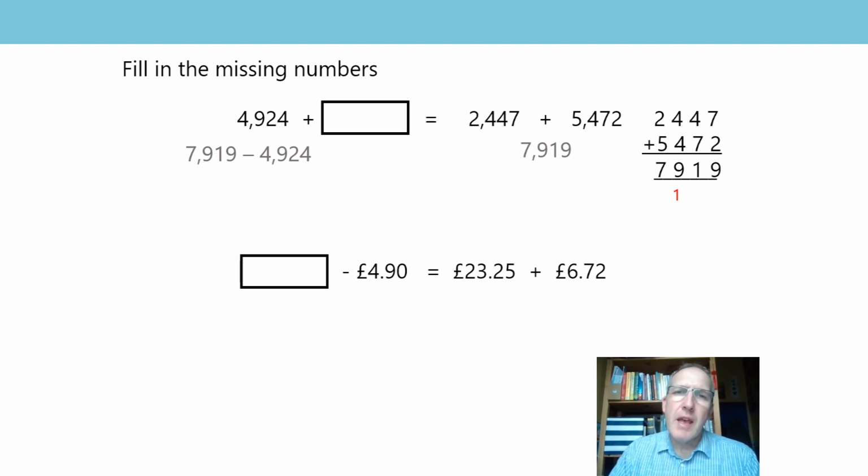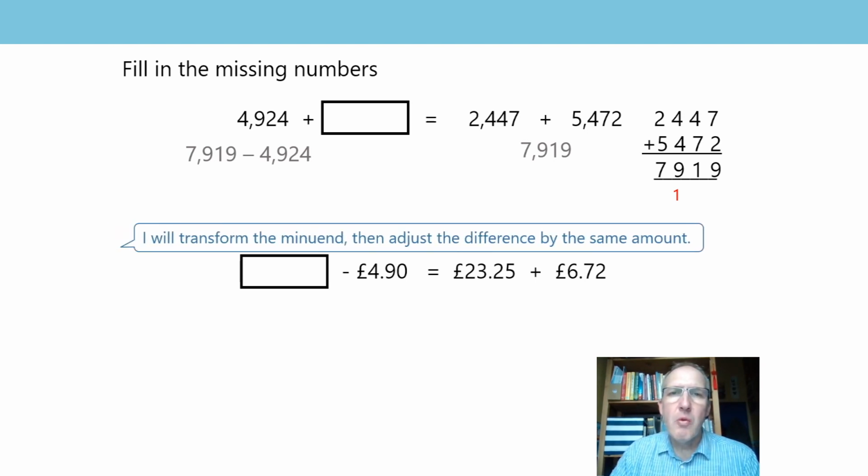Did you notice anything there? Look at the hundreds, tens and ones. They're nearly 3,000 apart. Do you remember using a compensation method with Miss Heaton? We can use this. Let's say it together. I will transform the minuend, then adjust the difference by the same amount.